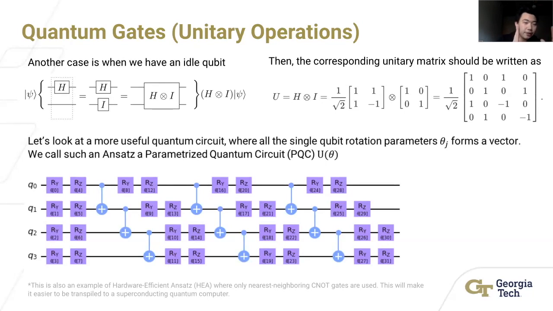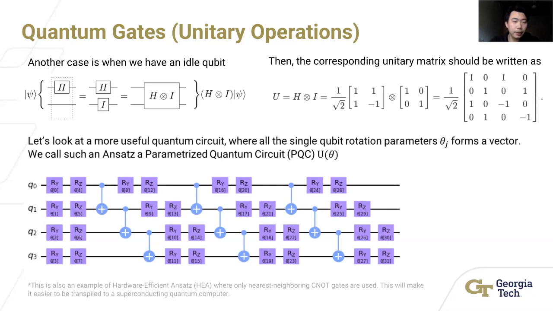Okay, and we see this is a repeated structure which can be repeated multiple times. And by doing that, you're increasing the expressivity of this circuit. Also, we have many single qubit rotation parameters, theta, in those Ry, Rz. And those parameters could form a parameterized vector, and offer a degree of freedom to be optimized.